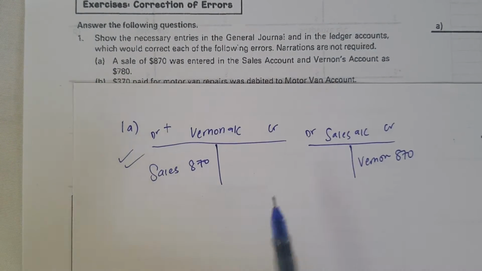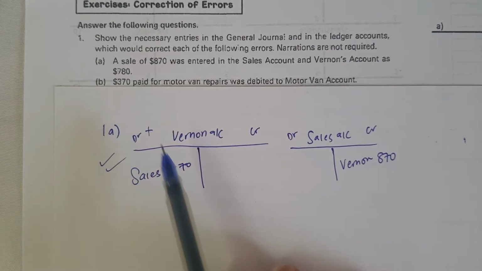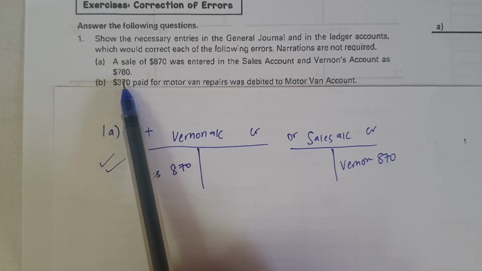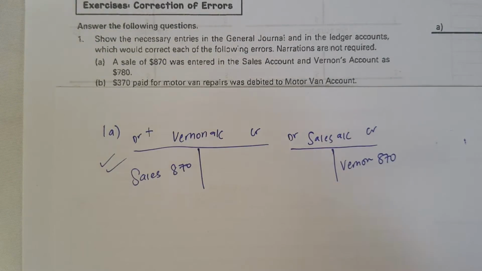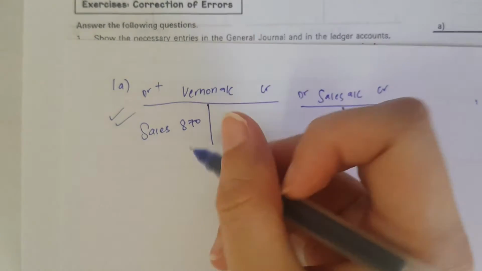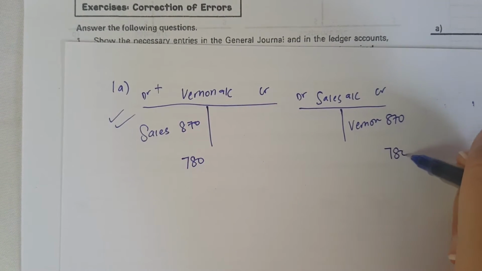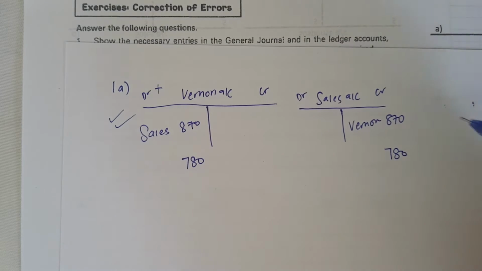But they are telling you that instead of this, they recorded it into the account wrongly as 780 only. So meaning to say, they recorded it to Vernon at 780 and the same for here, 780 only, okay?